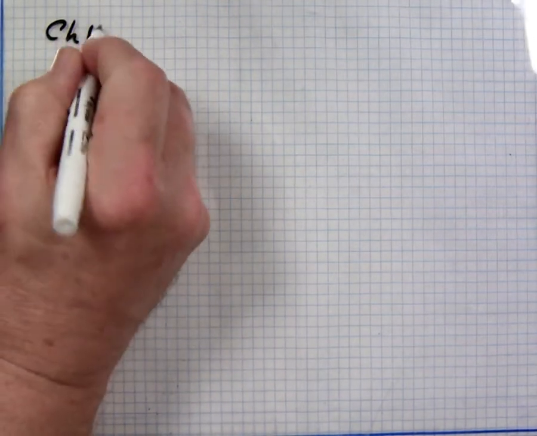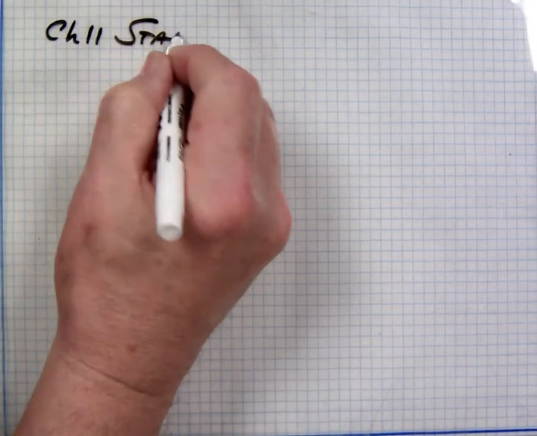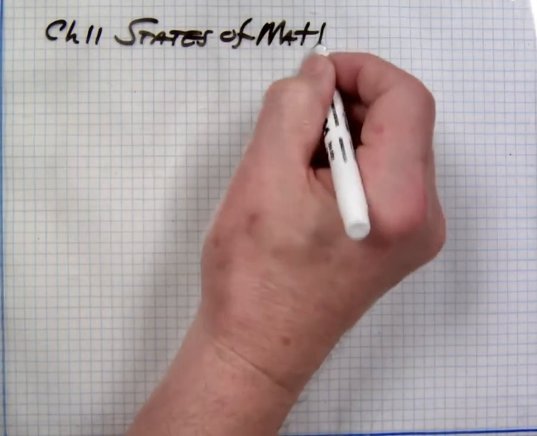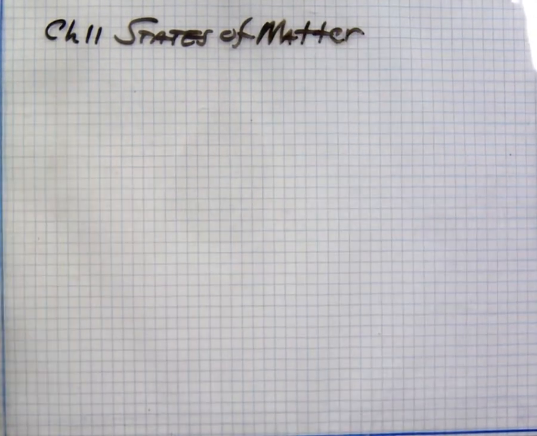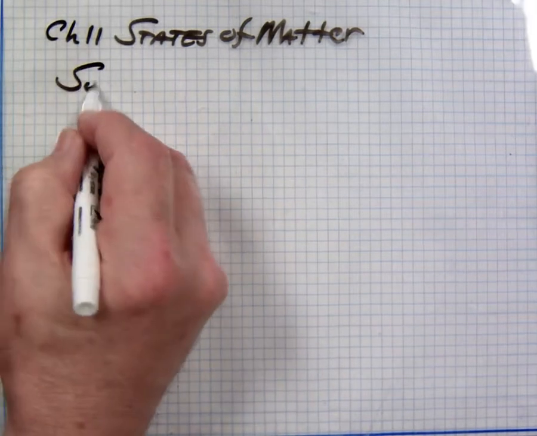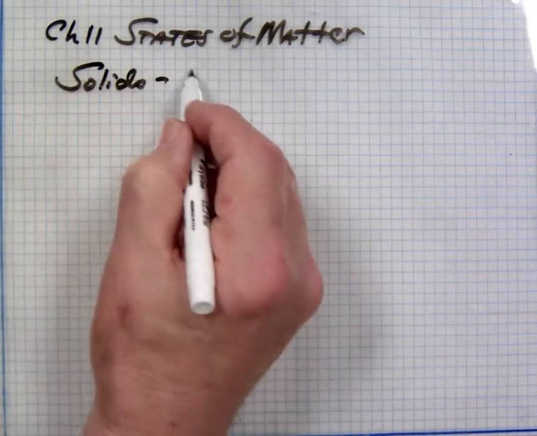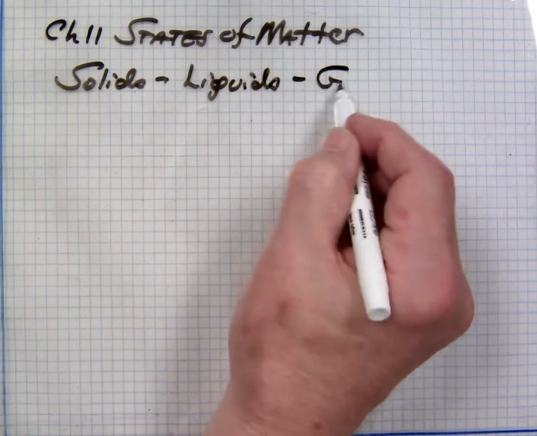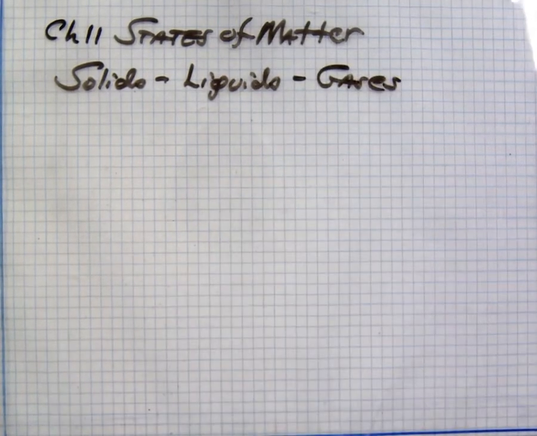I think you'll find this to be pretty straightforward in terms of the subject matter. We're all familiar with what we call states of matter. It's simply the solids, liquids, and gases.